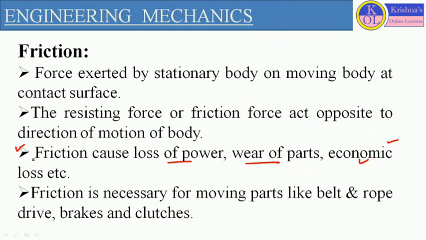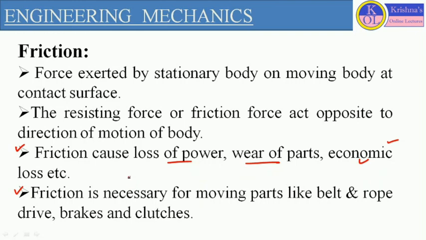So basically friction is represented as a force for the loss, but friction is always necessary for motion. We cannot define any motion without friction. So friction is always necessary, but whatever friction we require depends on the applied force.